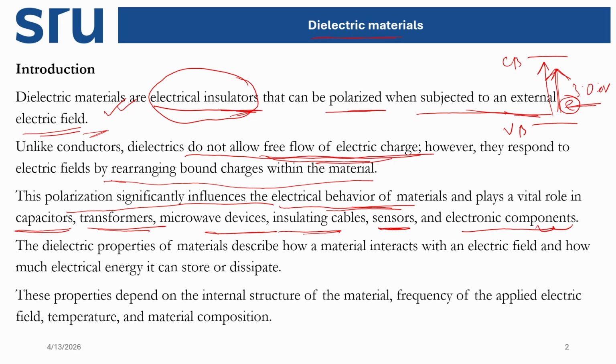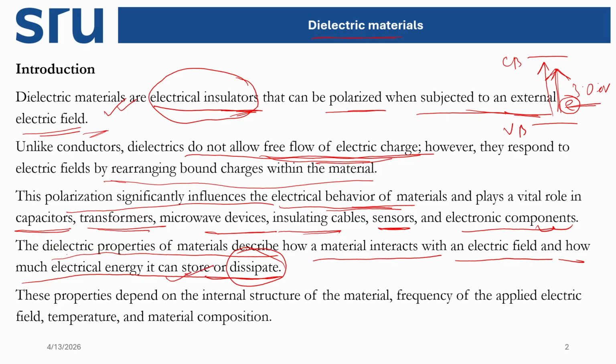In one way, the dielectric properties of a material describe how a material interacts with an electric field and how much energy it can store or dissipate. Dissipate means it is lost or going out.